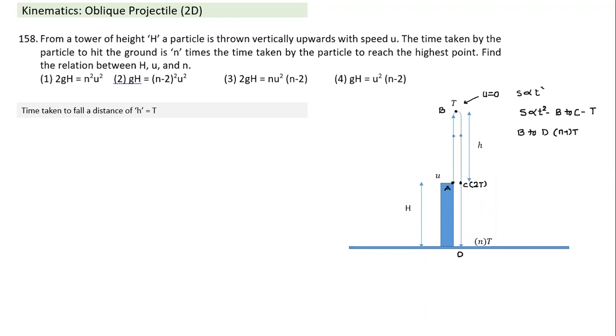The distance fallen in time t is h. The distance fallen in time n minus 1 times t will equal n minus 1 square times h, and n minus 1 square times h is equal to h plus capital H, where H is the maximum height. I'm solving everything in h, but I know the final answer is in u. What we can always do is h is equal to u square by 2g. So once I have this equation, I simplify it, and in place of h, I substitute u square by 2g. I get my answer.